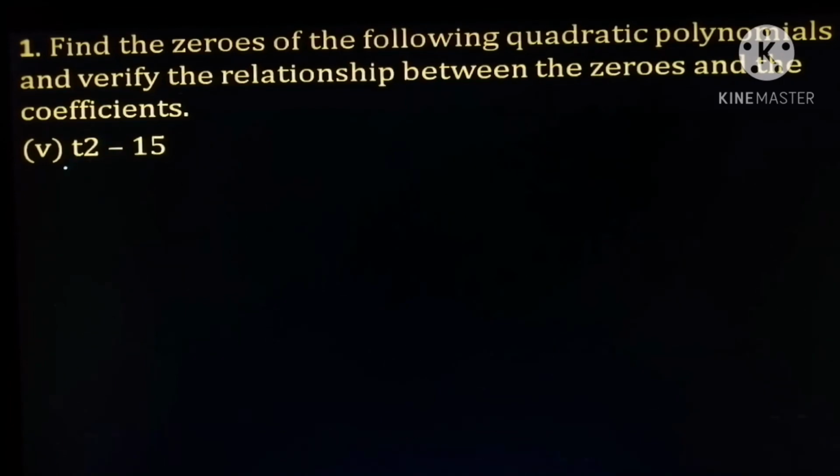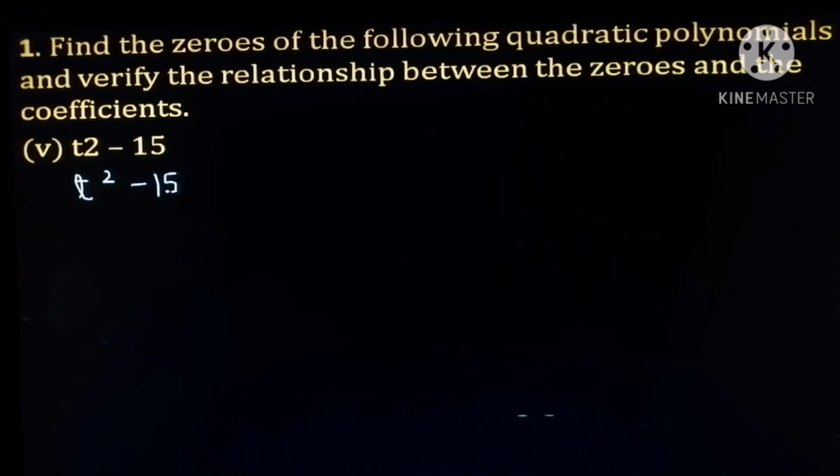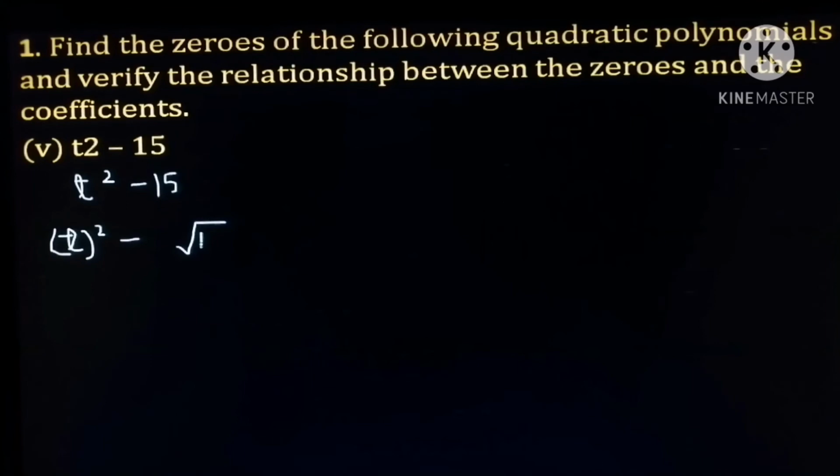In the fifth part, you have t square minus 15. Firstly, when you see the equation, you will think that no factorization is possible. However, this can be considered as a term which is the difference of two squares. What I mean is, it can be written as t's whole square minus under root 15's whole square.